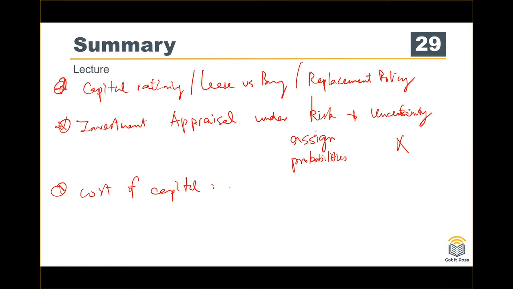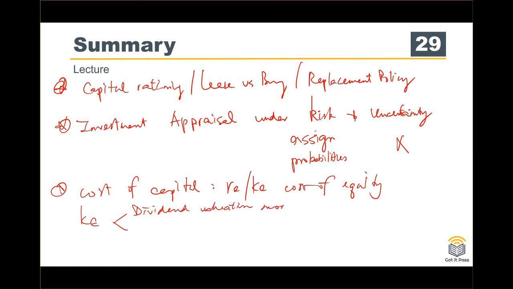So we work on the cost of capital by cost of equity, or KE. For cost of equity, we have different valuation models, and also we have the CAPM.